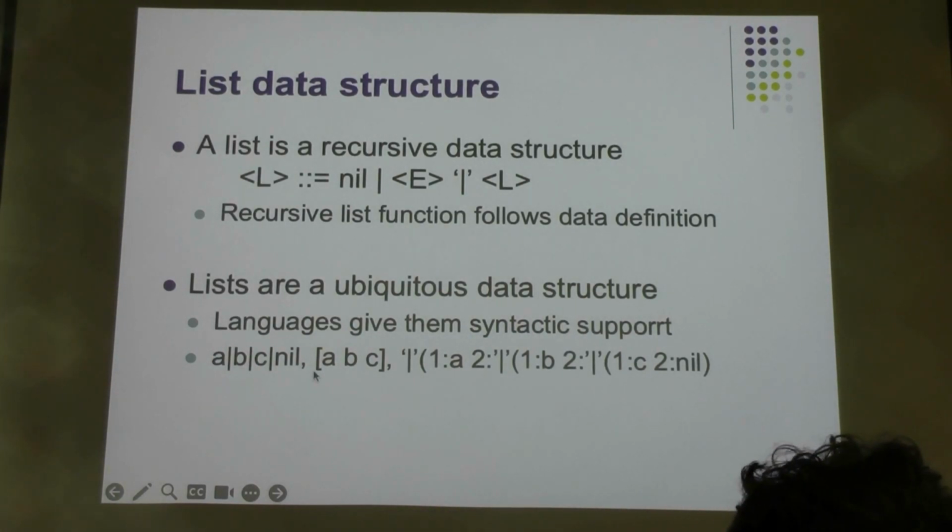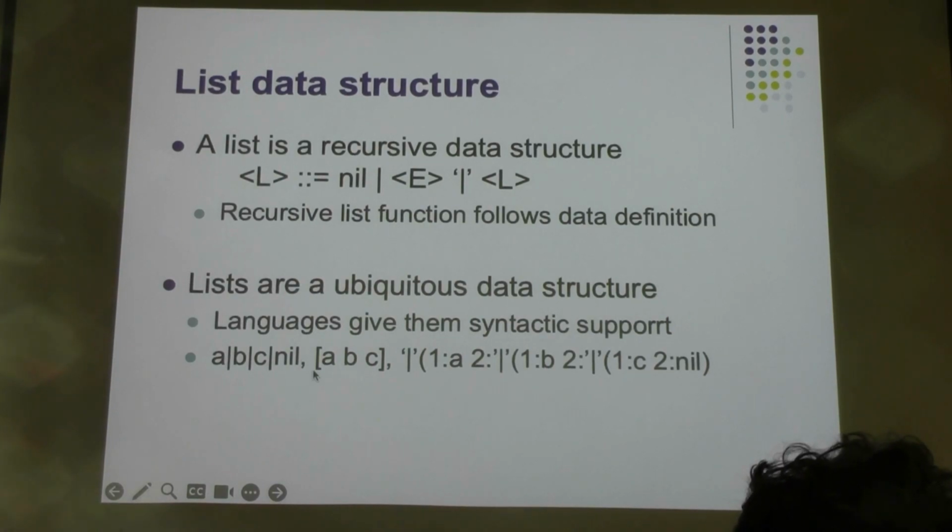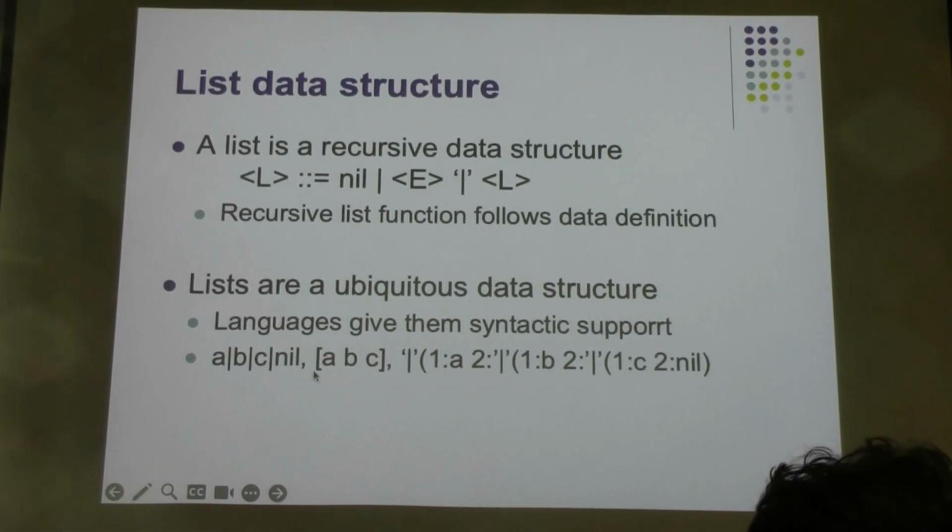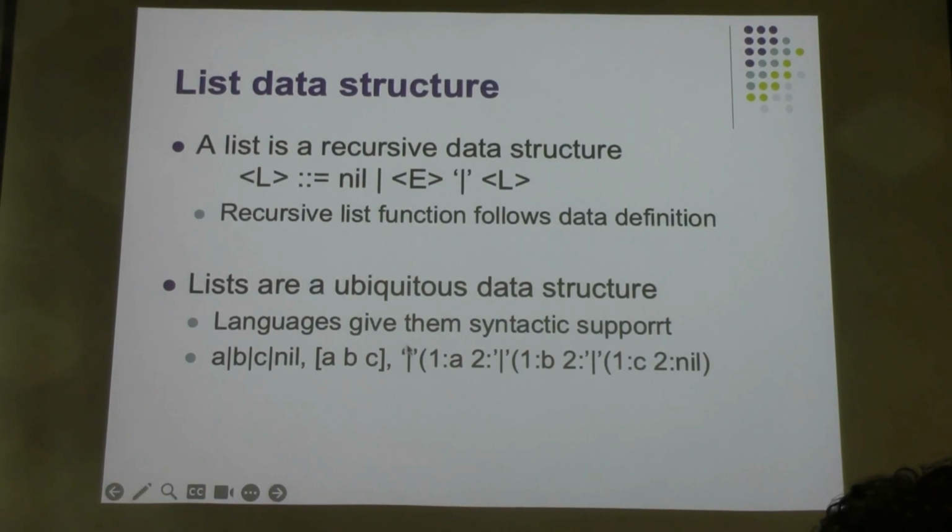You can use the brackets to denote a list. Or you could represent them as records, completely explicitly, where the vertical bar here is the type, and the first argument is the element, and the second argument is the recursive list.